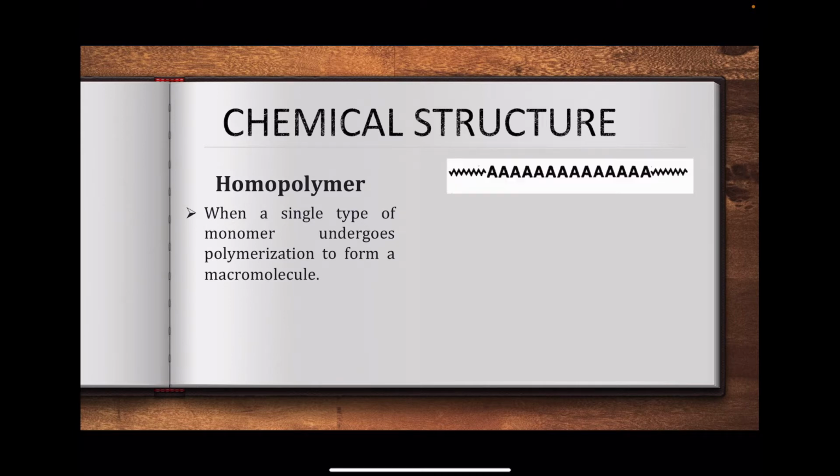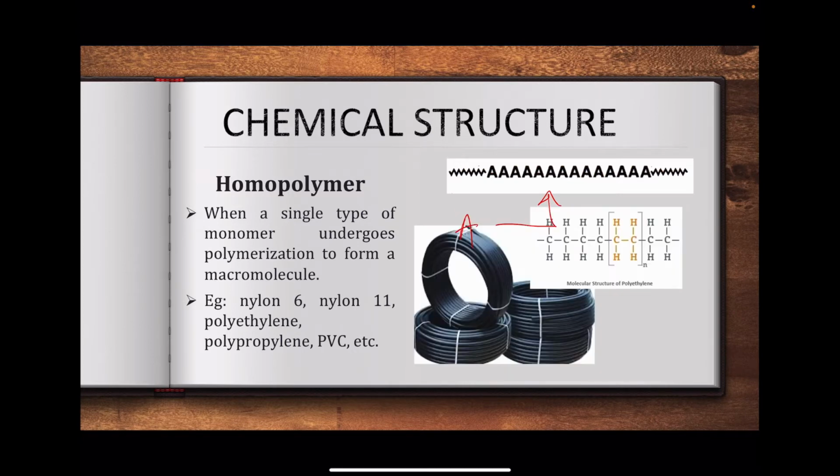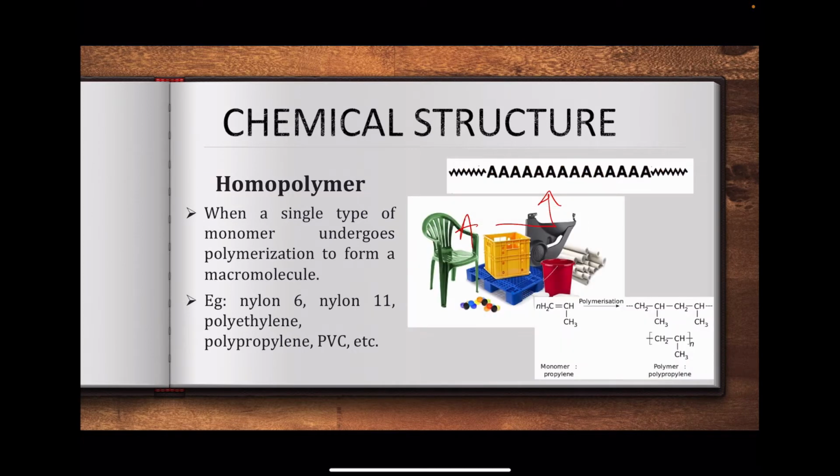Let's say in this diagram, the monomer of this polymer is A, and when a lot of A go through polymerization, it will form polymer chains that contain only A monomers. Polymers with this type of structure include nylon 6, nylon 11, polyethylene, polypropylene, PVC, and so on.